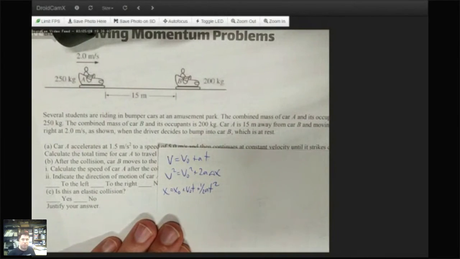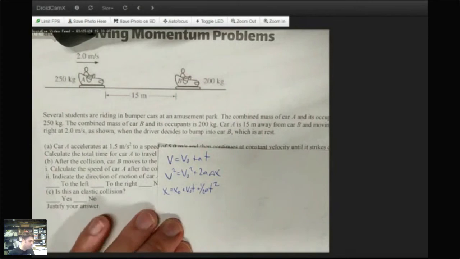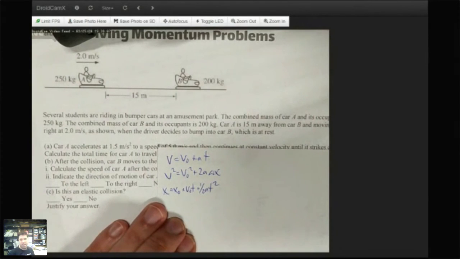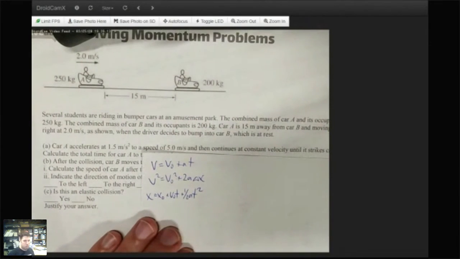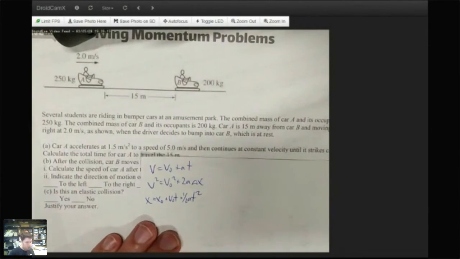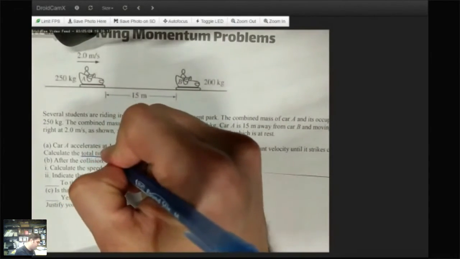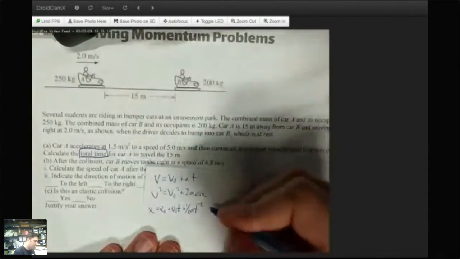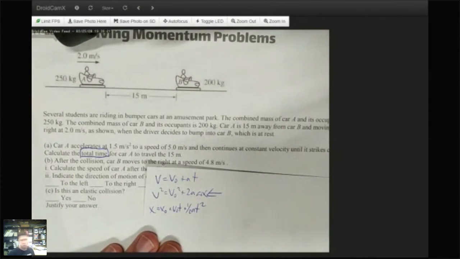So it really comes down to which ones you feel like using. And again, the way I'm going to do it is not the only way to do it. This is just the one that I'm thinking of right now looking at this question. Because this part is asking us for a time, I'm really not going to want to use the one that doesn't have time in it.